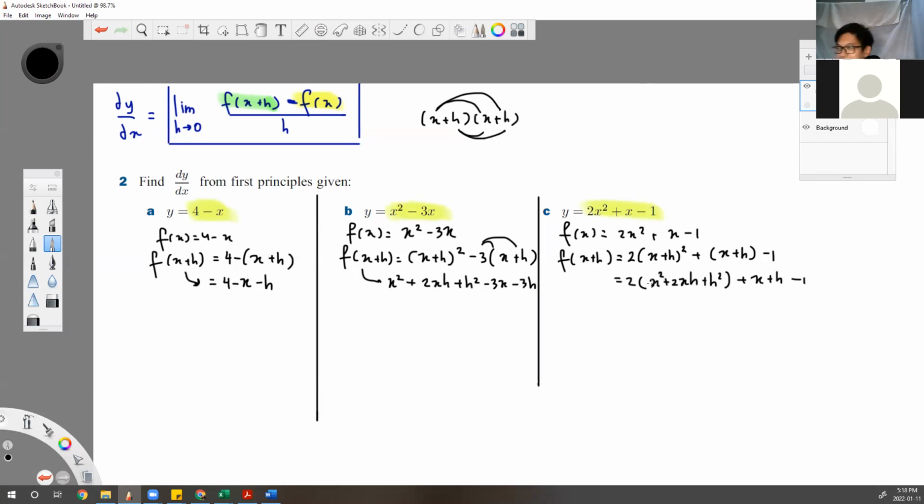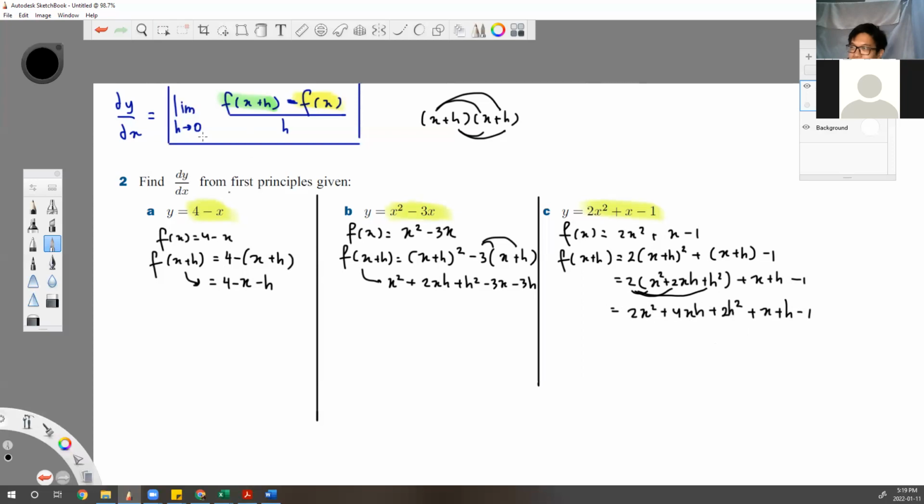Again, you can still make it simpler. It's long because it's the first principle, and first principle is required. Plus x plus h, minus 1. Again, you cannot combine, right? There are no like terms, so just let it be.